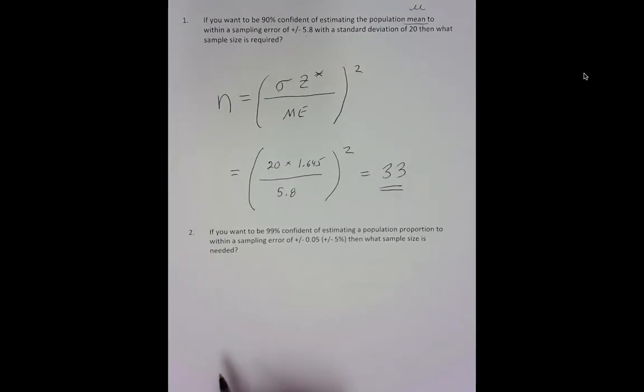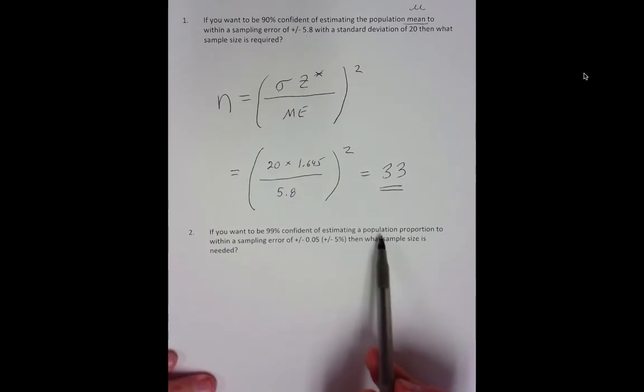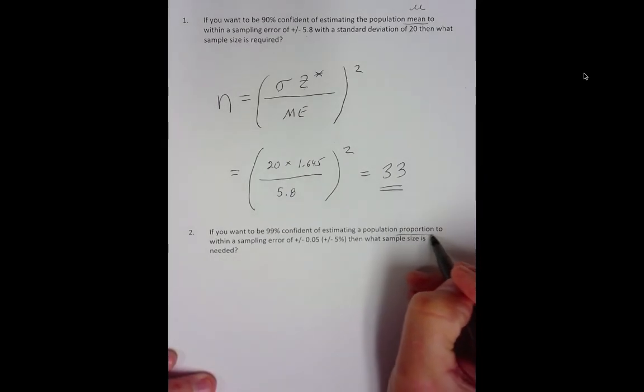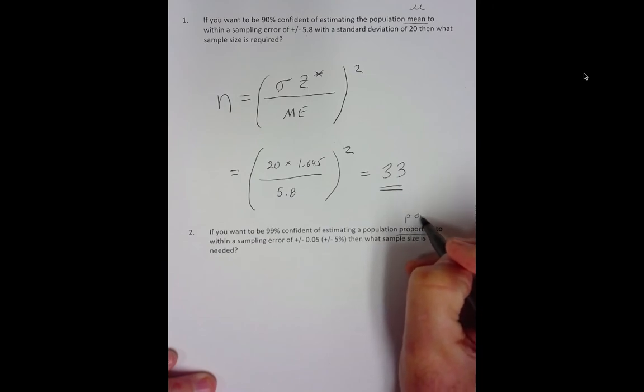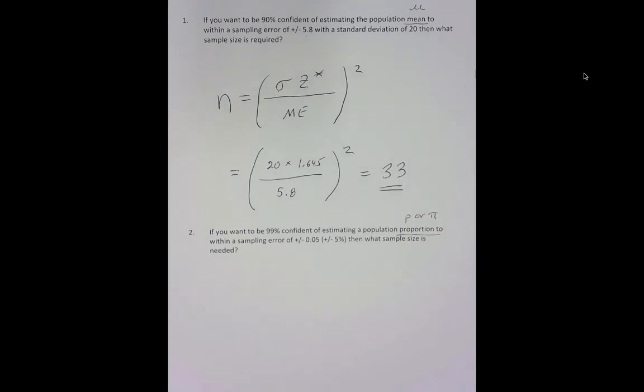All right, second problem. If you want to be 99% confident of estimating a population proportion to within a sampling error of 0.05, which is plus or minus 5%, then what sample size is needed? Well, I'm going to do the same thing.